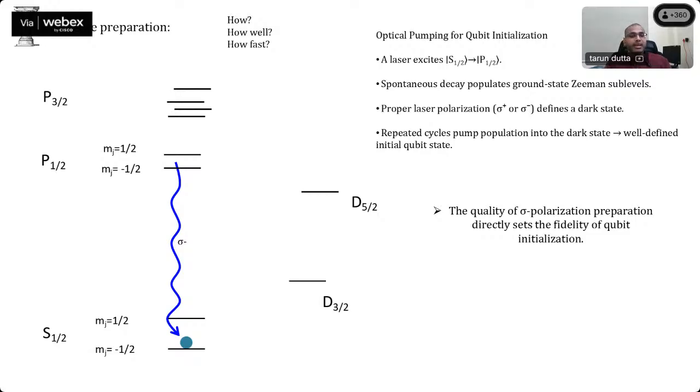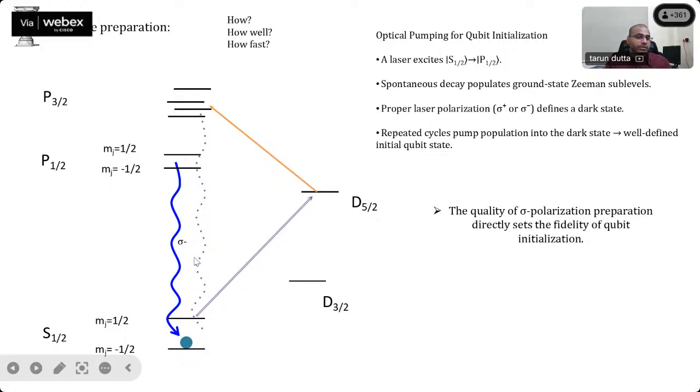The other technique is you can use this path, from S1/2 to D5/2. D5/2 is another metastable state. Then you use another repumper which is orange in color, with a wavelength around 614 nanometers. It can bring the population to the P3/2 state, and then the P3/2 state will spontaneously emit to the S state. So this is another path.